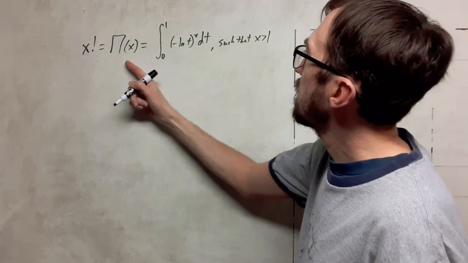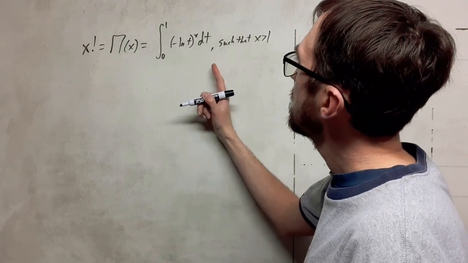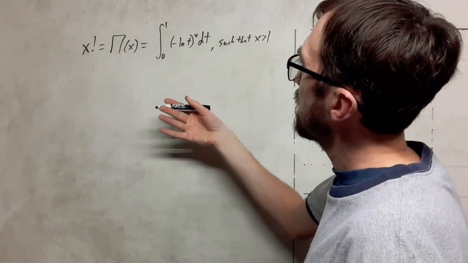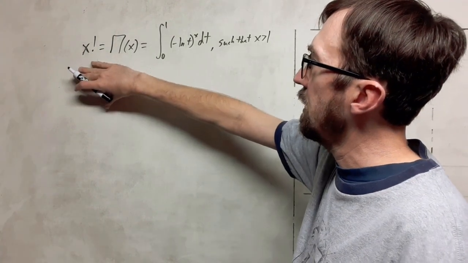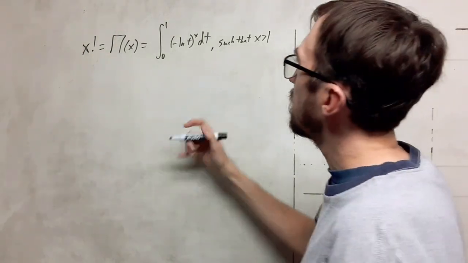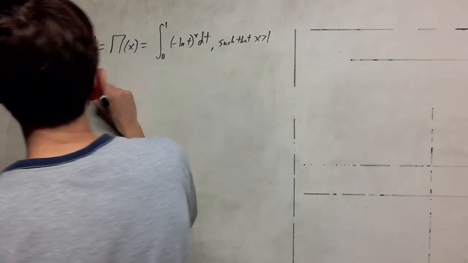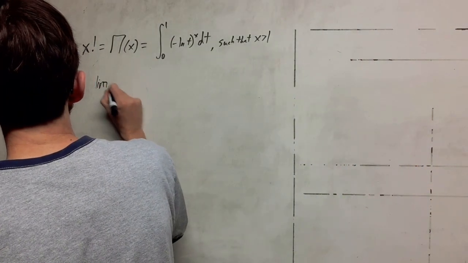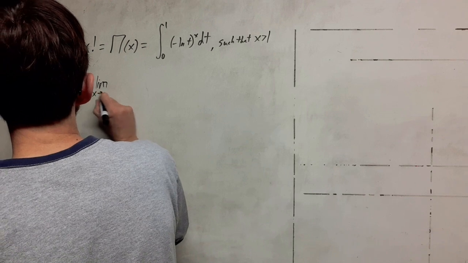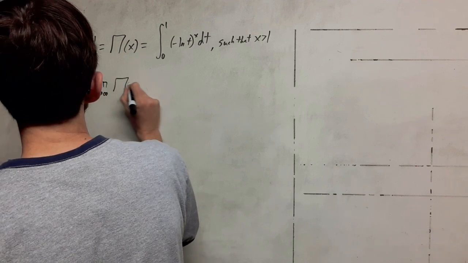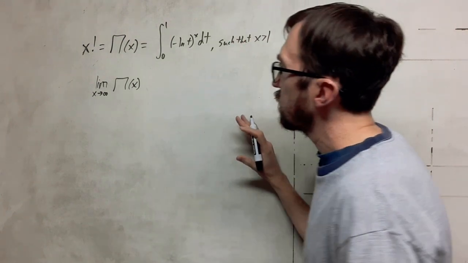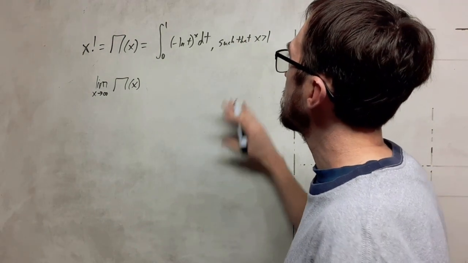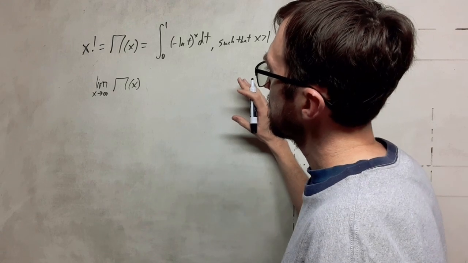Going back to this pi function, which is the one I originally started to work with as an extension of the factorial, if we want to take the limit as x approaches infinity of pi of x using this definition, you can work through the integration process here.